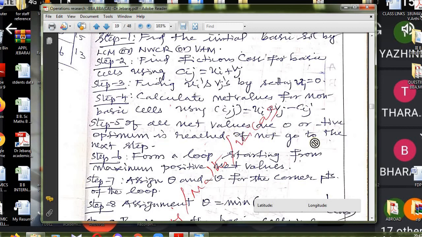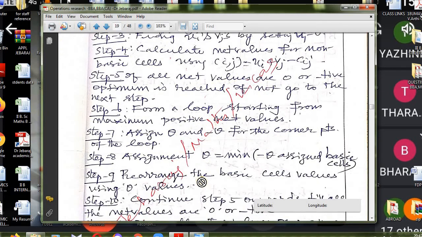If not, make the loop starting from maximum positive net value. Assign theta and minus theta for corner points. Then assign theta equal to the minimum among the basic values assigned in minus theta cells. Then you will get the theta value. Rearrange them. We will get a new assignment.